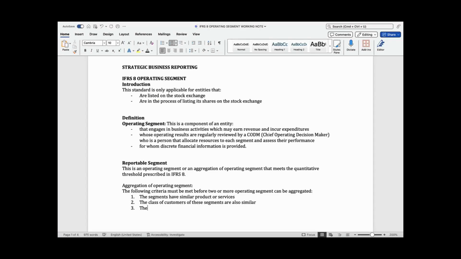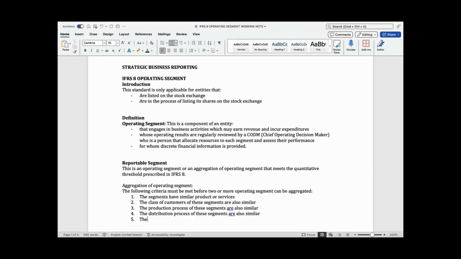Number three, the production process. The way they produce their goods are also similar. The distribution process of these segments are also similar.